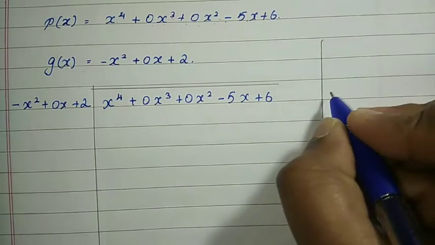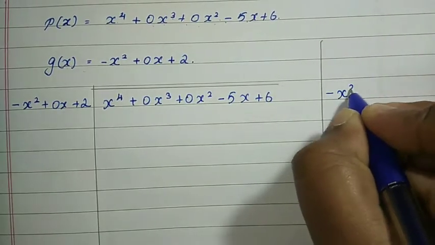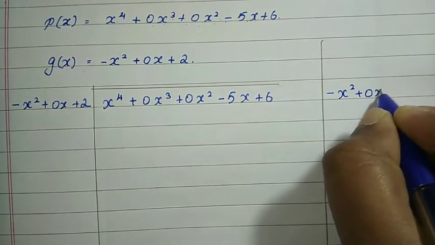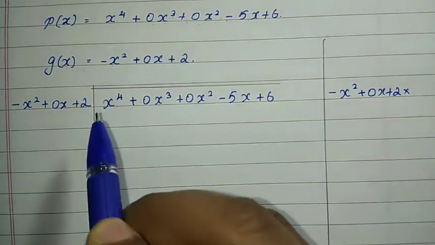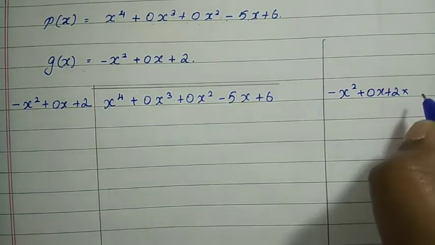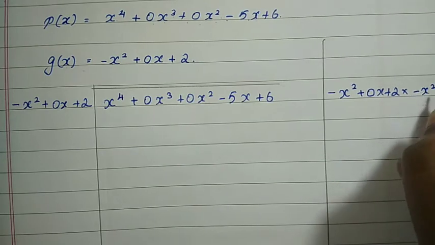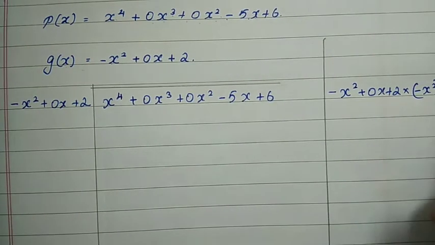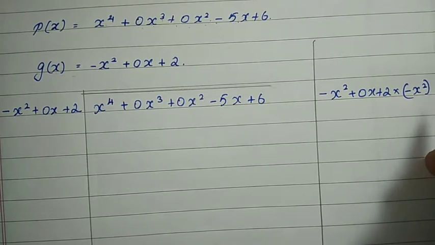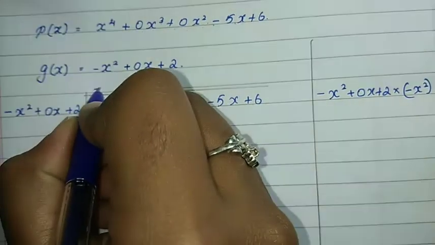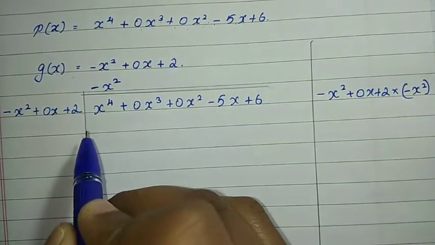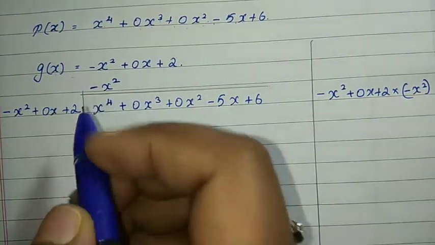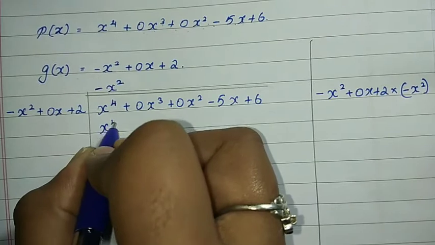So what is my g of x? Minus x square plus 0x plus 2. If I multiply with something I have to get plus x power 4. So I will be multiplying with minus x square. So minus into minus is plus, x square into x square is x power 4.